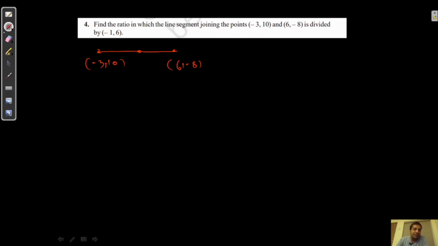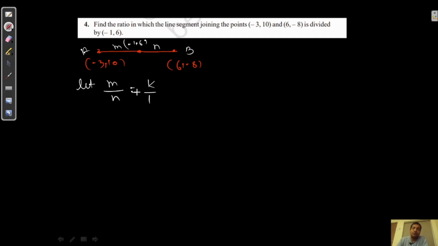Okay, let us change my pencil color. Let us make it white. Okay, so the line joining both of them, A and B, this point is -1,6. They have already said it. We have to find this ratio. So let us say the ratio m by n is k:1.